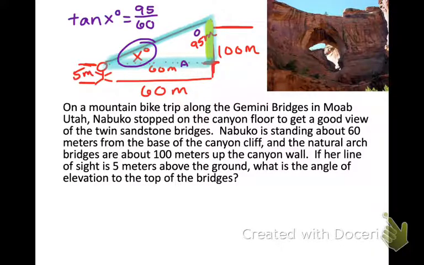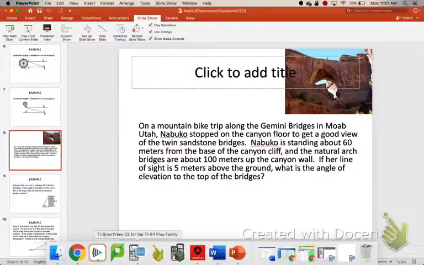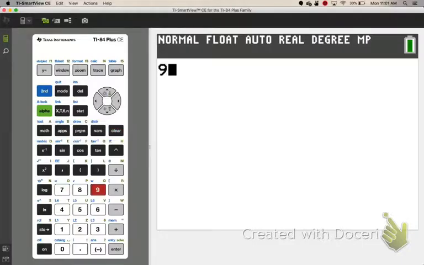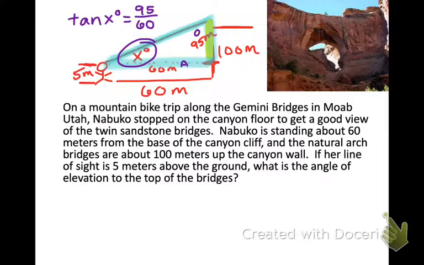I'm going to take 95, divide it by 60 on my calculator. Let me go ahead and pull that up here. 95 divided by 60 gets us 1.5833. Okay, so we have the tangent of x degrees is equal to 1.583.